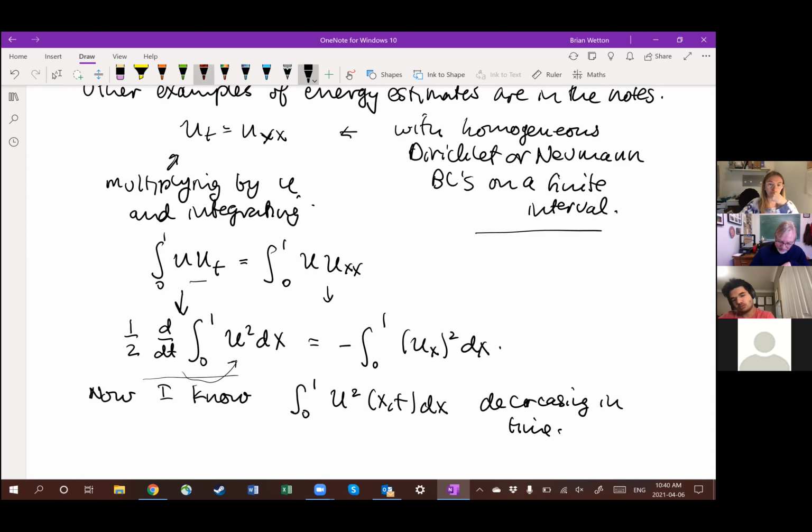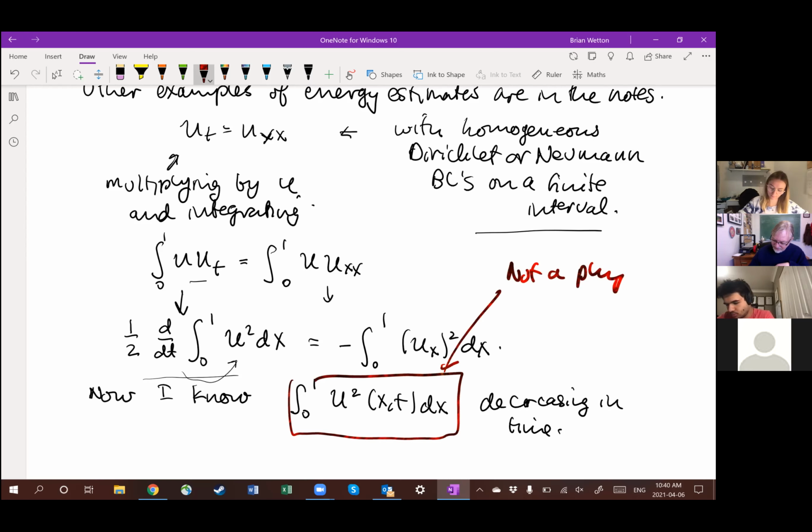And I have to say this is not a physical energy, which you have in this problem, right? If you think of the thermal energy, it's proportional to the integral of u, and that should be conserved for Neumann boundary conditions, the insulating ones, and it is.